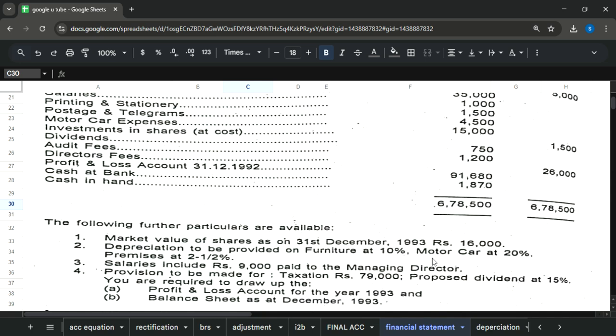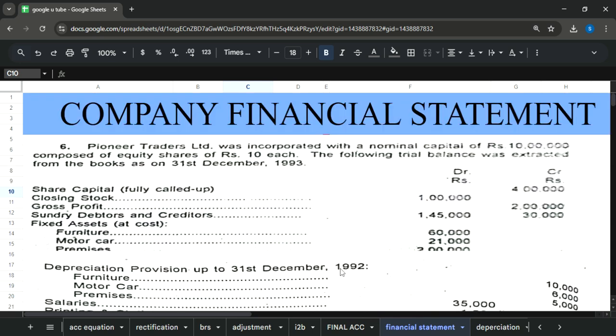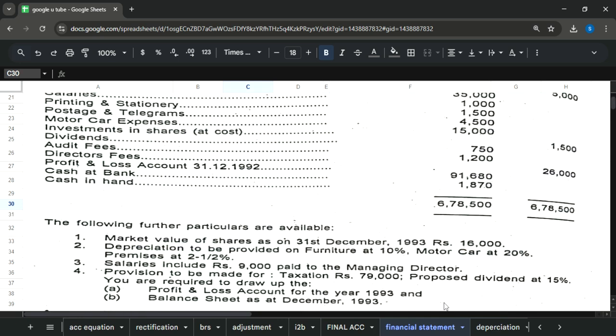Second option is you may segregate and write 9,000 of salary to managing director separately. What option we will adopt when it is already included in salaries? Here you can see salaries are present and 35,000 is mentioned over here, so we don't need to segregate. It means we can leave this adjustment as well, no effect.